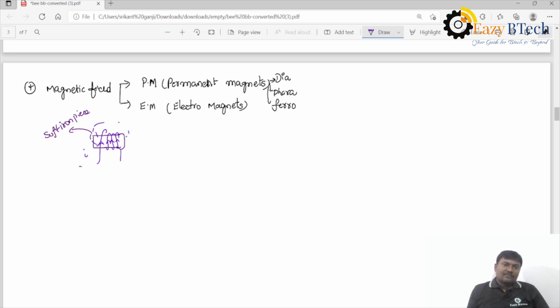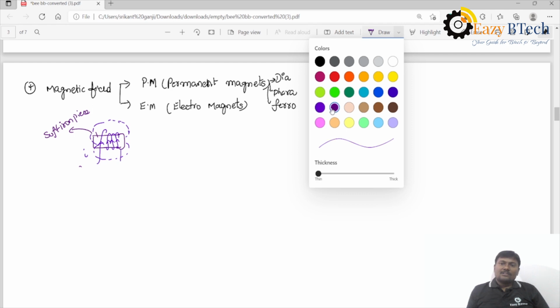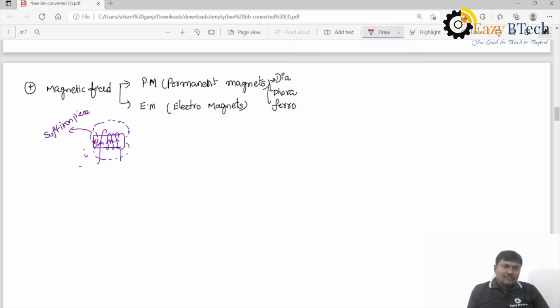So these flux lines are developed around the electromagnet, and we know that the flux lines flow from north pole to south pole externally, but internally from south pole to north pole. By giving an electrical supply, it acts as a magnet, and then it is called an electromagnet.